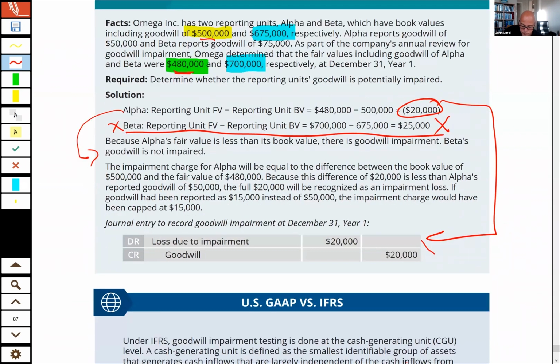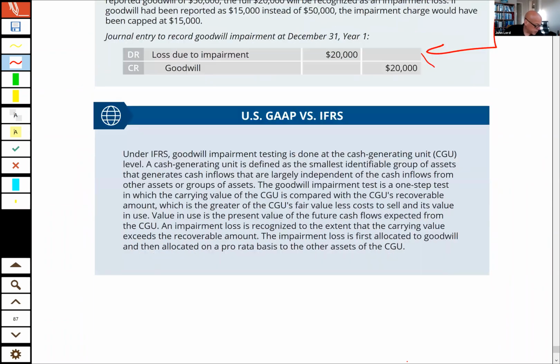Okay, good. Now, if it's IFRS, then I'm going to change up the consideration a little bit, and I'm going to look at the cash generating unit level.